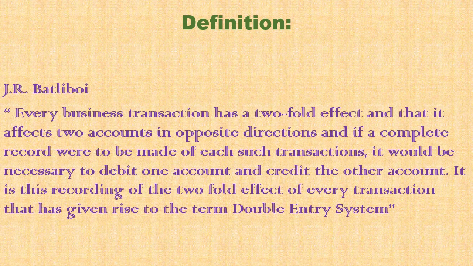It is this recording of the twofold effect of every transaction that has given rise to the term double entry system. So one has to be debited and the other account has to be credited.